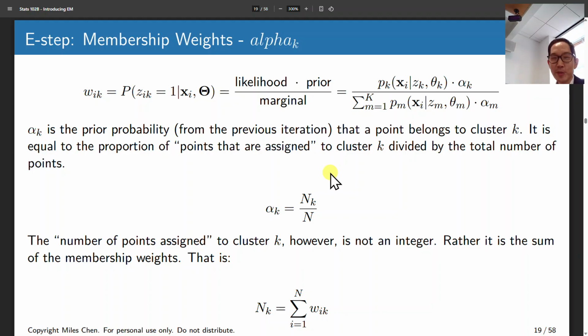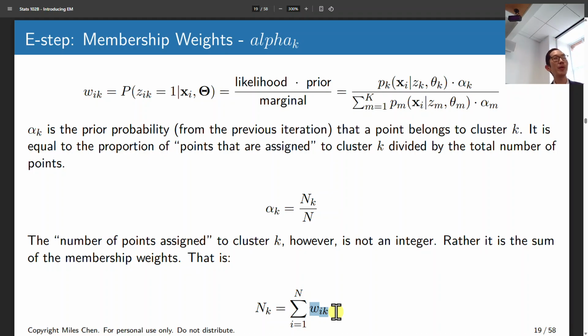But it's a little bit tricky because the number of points assigned isn't actually an integer. This n sub k is not an actual count of points, but it's going to be the sum of the weights.